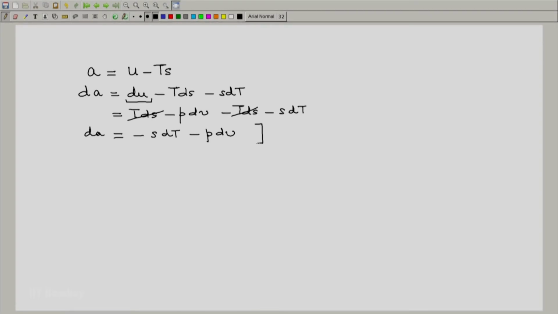So here we are considering A to be a function of temperature and volume.